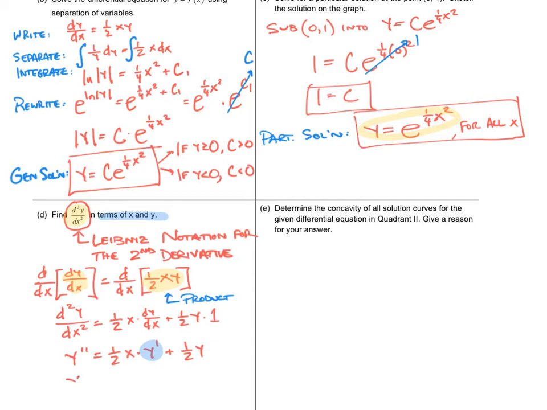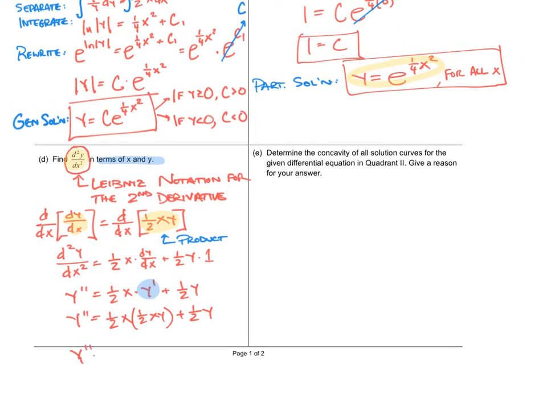So now I have y double prime equals 1/2 x times 1/2 xy plus 1/2 y. Let's go ahead and clean this up a little bit. y double prime equals 1/4 x squared times y plus 1/2 y. And that will get you full credit for finding the second derivative in terms of x and y.